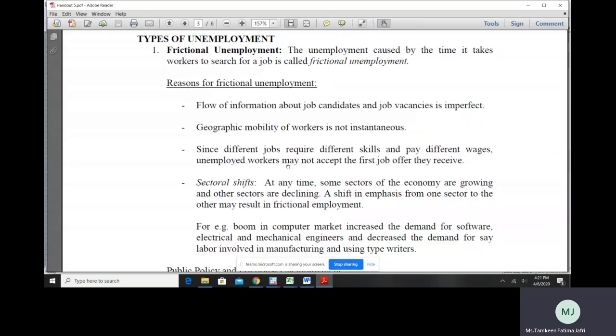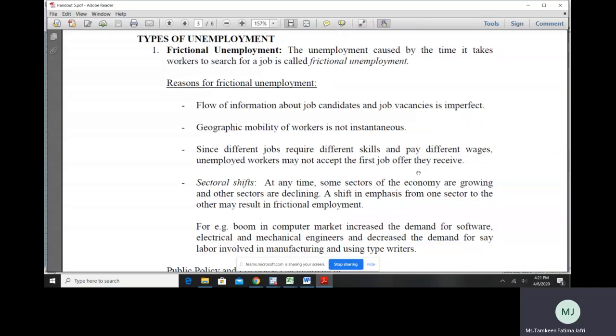The third reason why frictional unemployment arises, or why it takes you time to find the right job, is because different jobs require different skills and pay different wages. Unemployed workers may not accept the first job offer they receive. Okay? So let's suppose I have a PhD in economics, I'm currently unemployed, and there is a job for me, but the job is in a hospital.